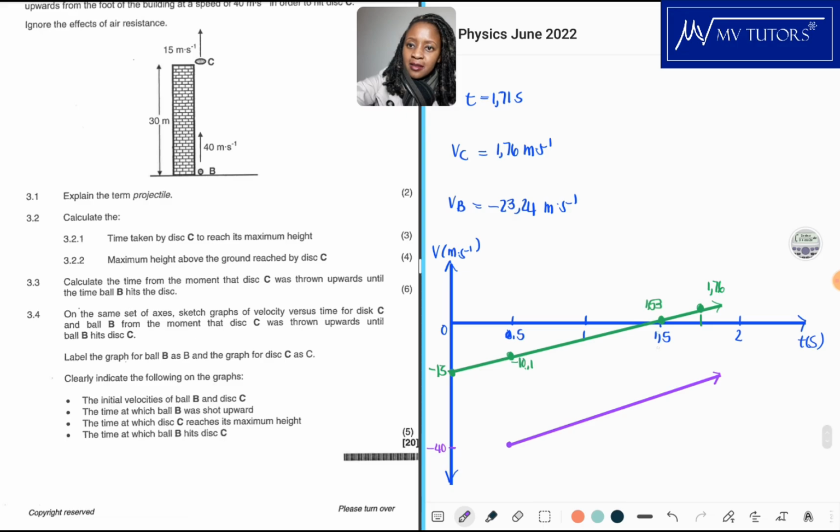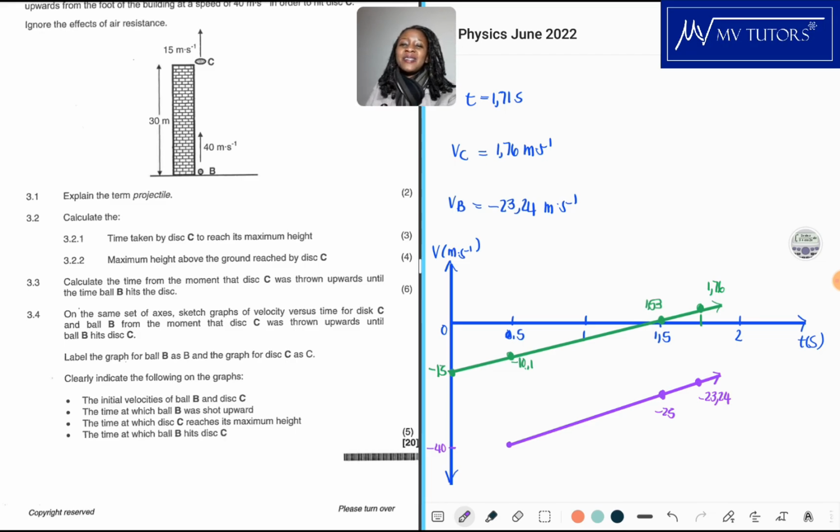That makes a whole lot of sense. So -25, and then at 1.76 seconds we have -23.24. I think that is a little bit better now.